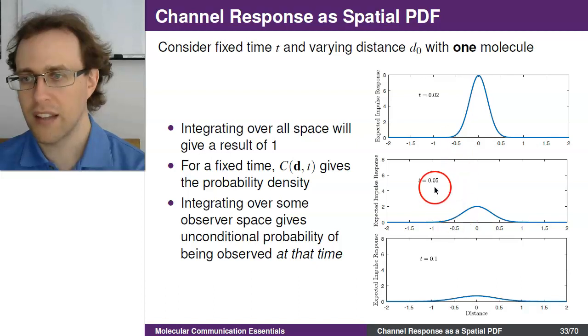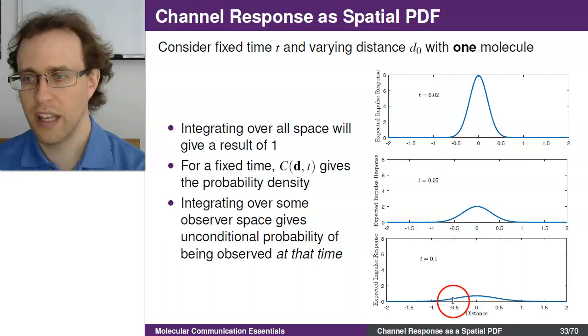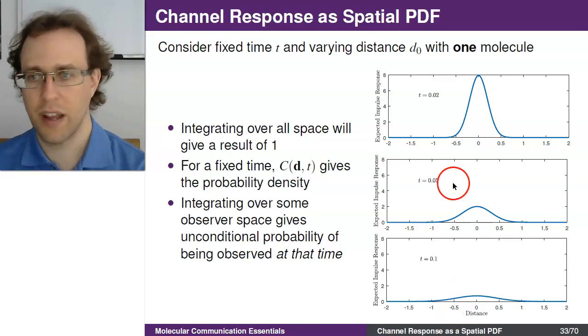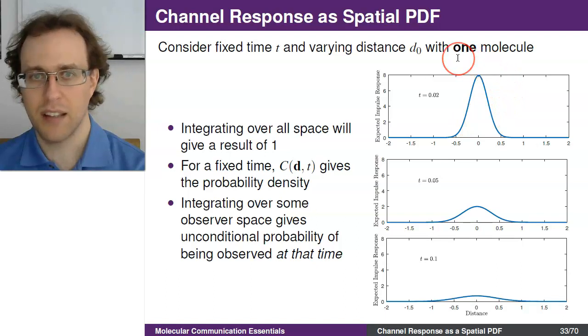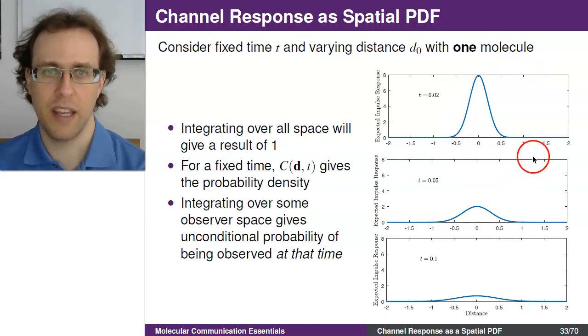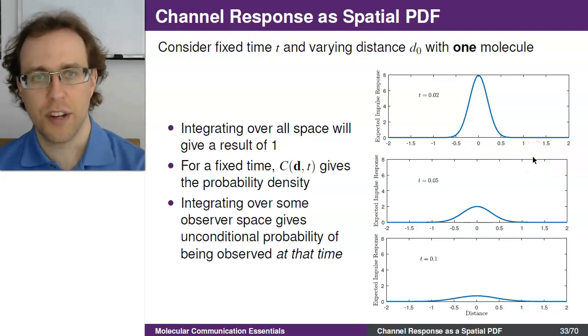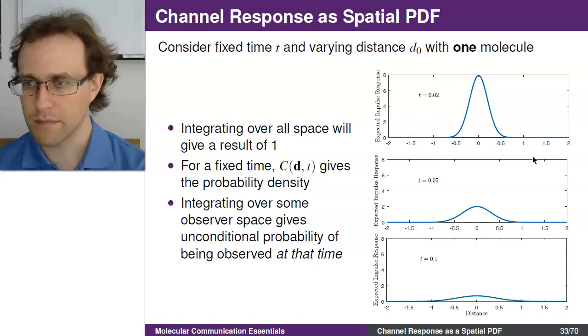At time 0.05, this point has actually increased a little bit. And then by time 0.1, it has decreased again. So we can map the results from many curves like this one, providing slices that we can take to put together the point concentration at a given position with respect to time.